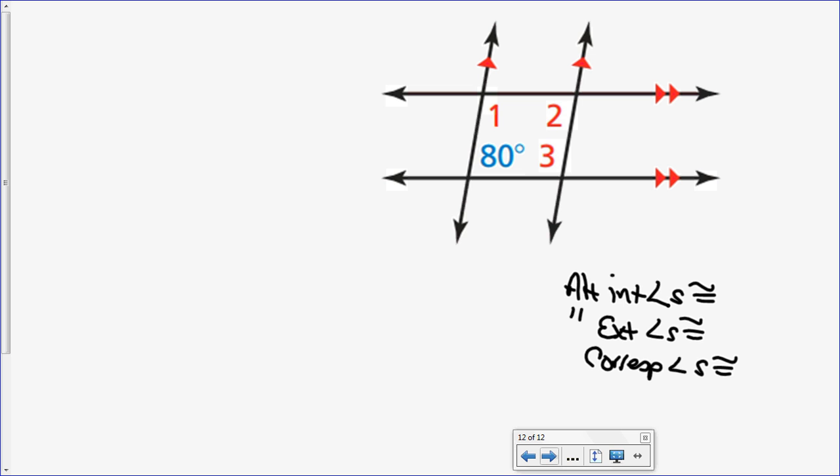We have a fourth type of angle that has a special name. That fourth type of angle, anybody remember what they're called? Okay. So we had alternate interior. We have consecutive interior. Consecutive interior are supplementary.